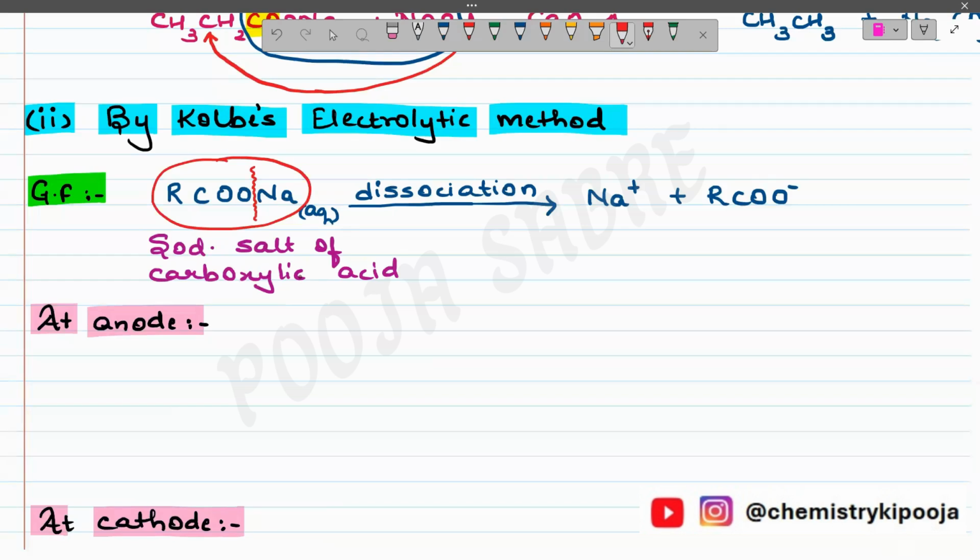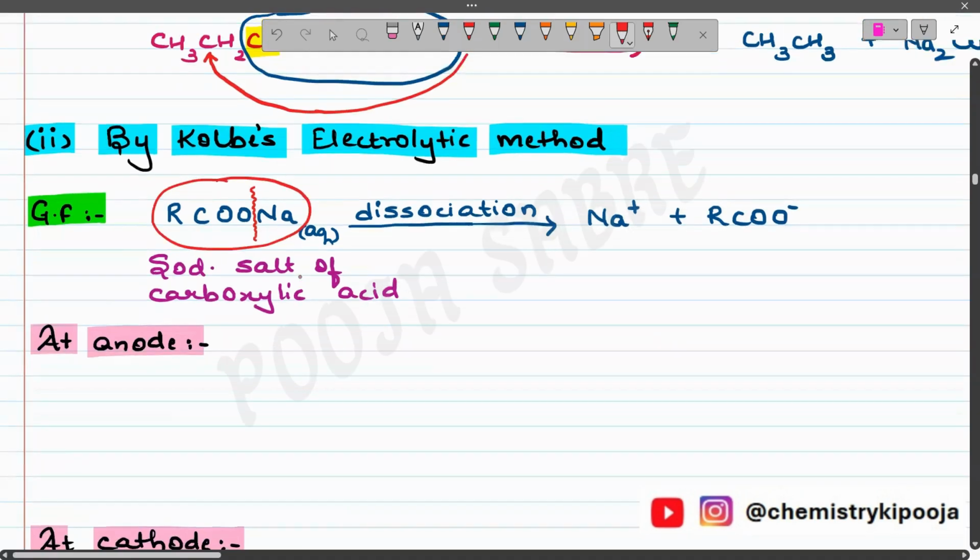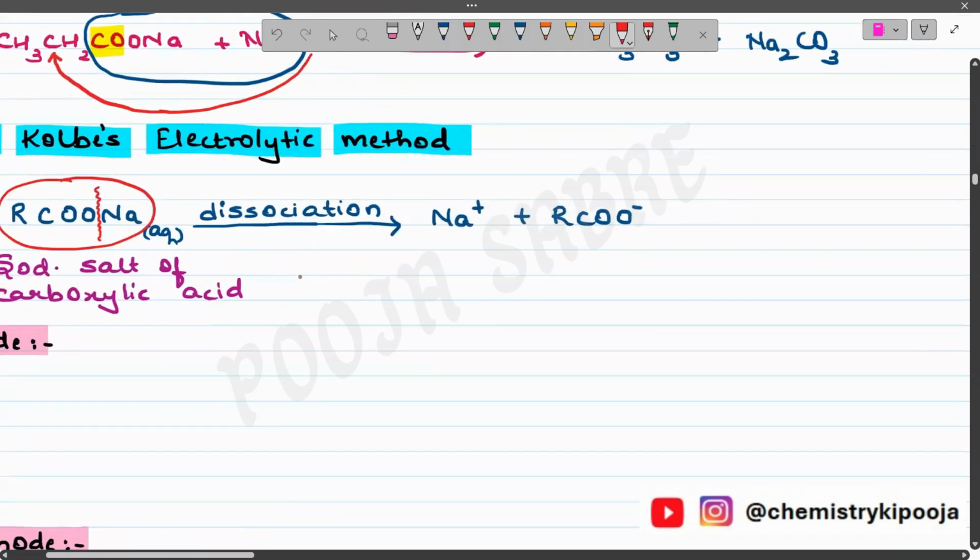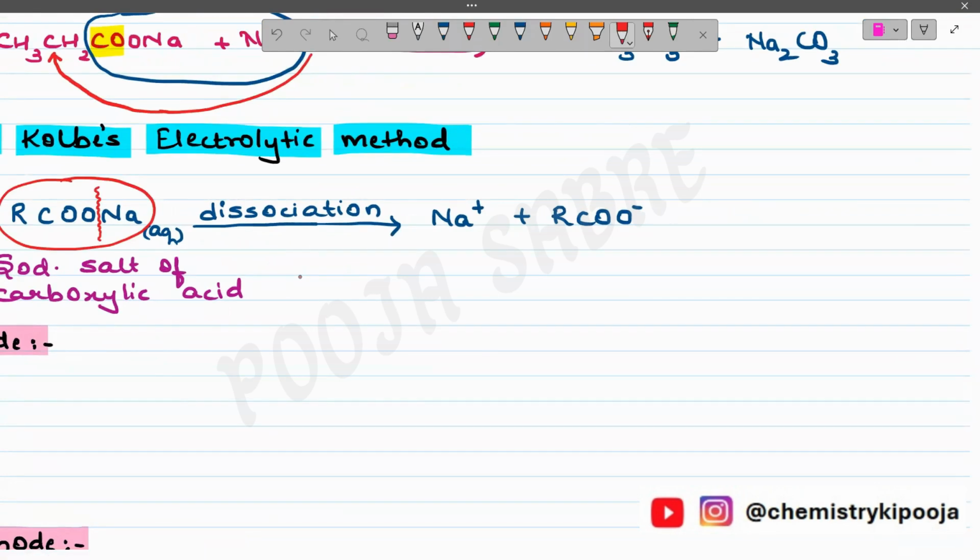Now, how the entire reaction proceeds, we are going to have a quick look. Over here, I'll write down the reaction first, and then we are going to look into the general formula as well as the mechanism. If I need to write down the complete reaction, first I'm going to use RCOONa plus water. 2 RCOONa plus 2 water, here I'm going to put 2.